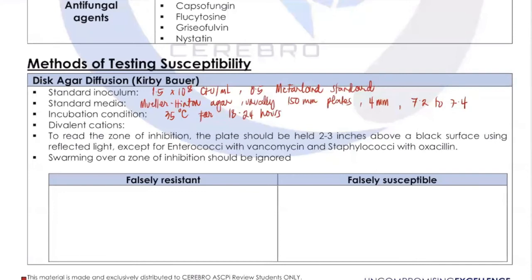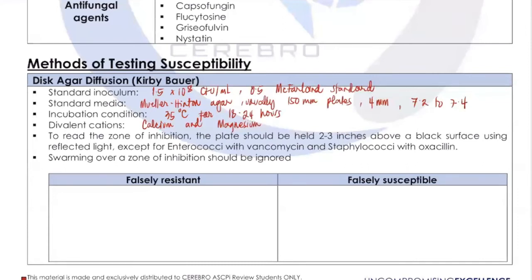Okay? Of course, you have to take note of the divalent cations, which are particularly important when we are testing Pseudomonas species against aminoglycosides. So, sino ba yung mga divalent cations na ito? We have calcium and magnesium. Okay, so to read the zone of inhibition, the plate should be held 2 to 3 inches above a black surface using reflected light, except for enterococci with vancomycin and staphylococci with oxacillin.